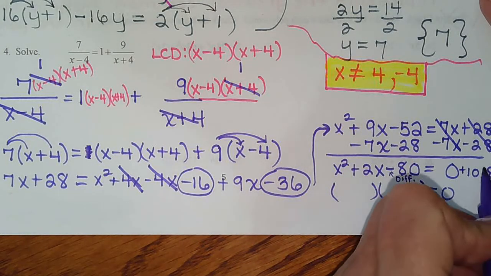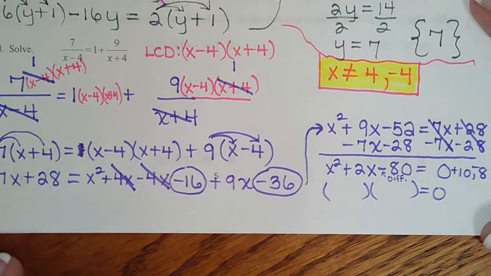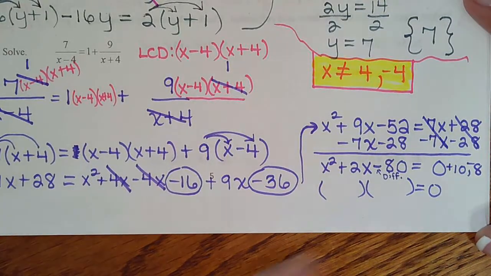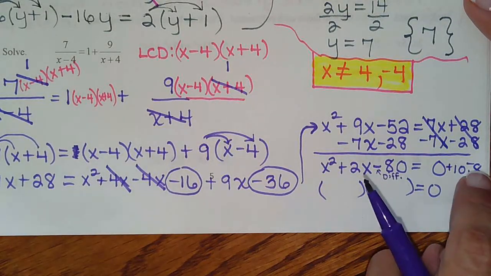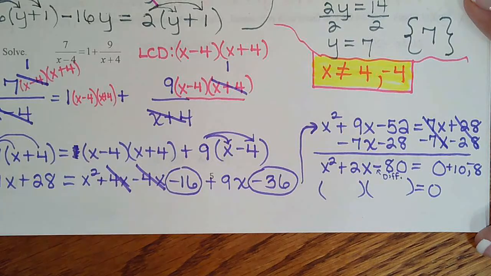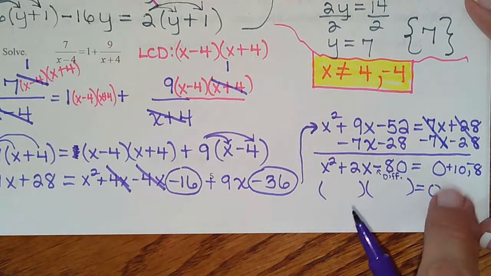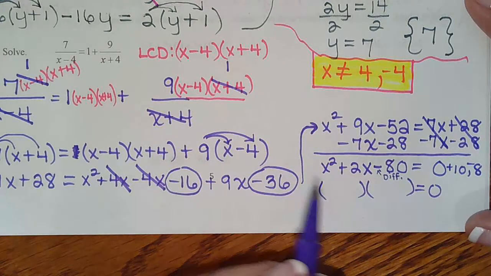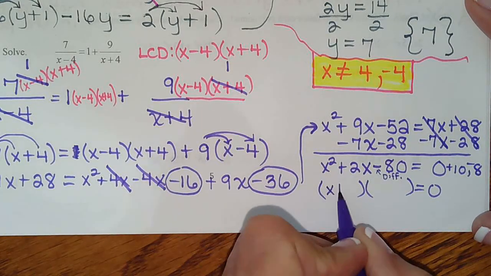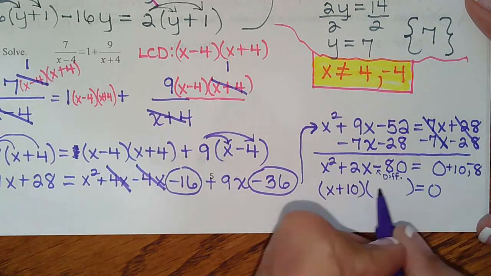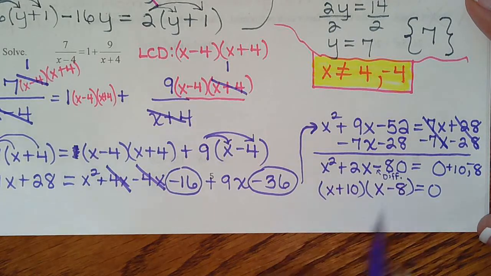So 10's plus, 8's minus. And remember, do that little trick that I showed you. 10 minus 8, positive 2. Check your signs. You don't want to do all this work and then miss it because you got your signs wrong. So x plus 10, x minus 8.